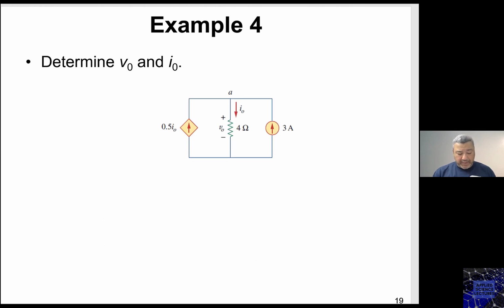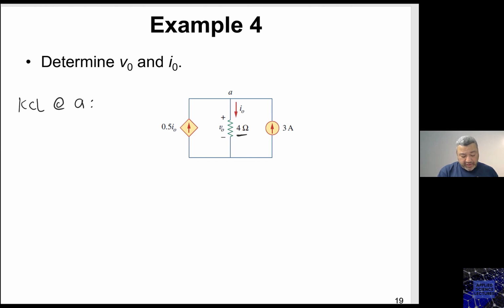So if we look at this example, we need to determine V naught and I naught. In this case, I have an independent current source, and I have a dependent current source that is current controlled. To calculate V naught, which is the potential difference across the 4 ohm resistor, first of all, I can write KCL at node A, taking the convention that entering currents are positive.